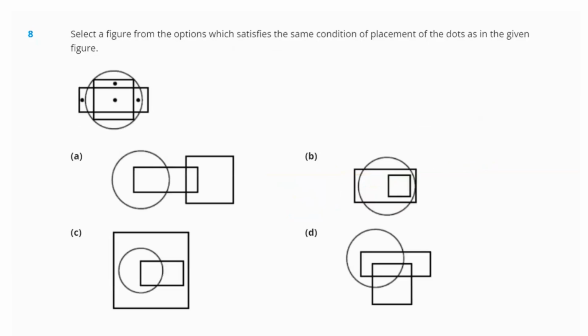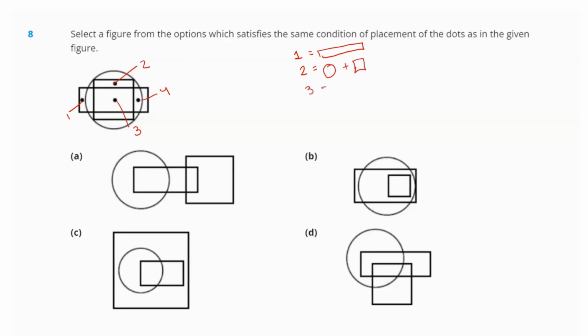Select the figure from the options which satisfies the same condition of placement of dot as in the given figure. Firstly, let's name the dots: dot number 1, dot number 2, dot number 3, and dot number 4. For dot number 1, we want just a rectangle. For dot number 2, we want a circle plus a square.